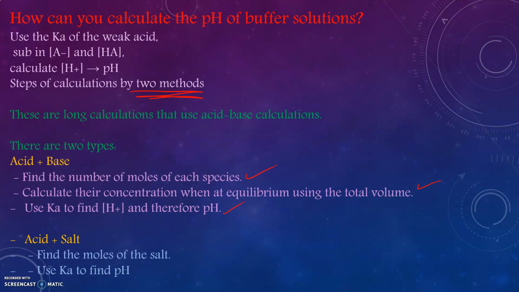So if the question is about acid and base, you find the number of moles of each species, the acid and base, and calculate their concentration. Then use the Ka to find the concentration of hydrogen, and then use it to find the pH. If you have an acid and salt, first you have to find the moles of the salt and use the Ka to find the pH. So I think this is easy.